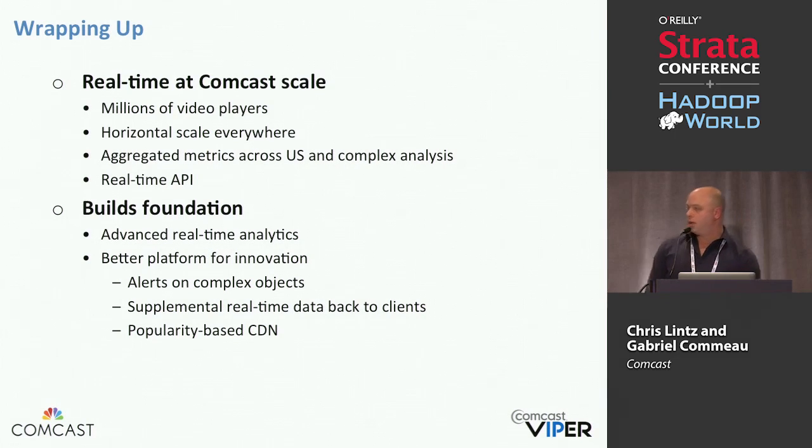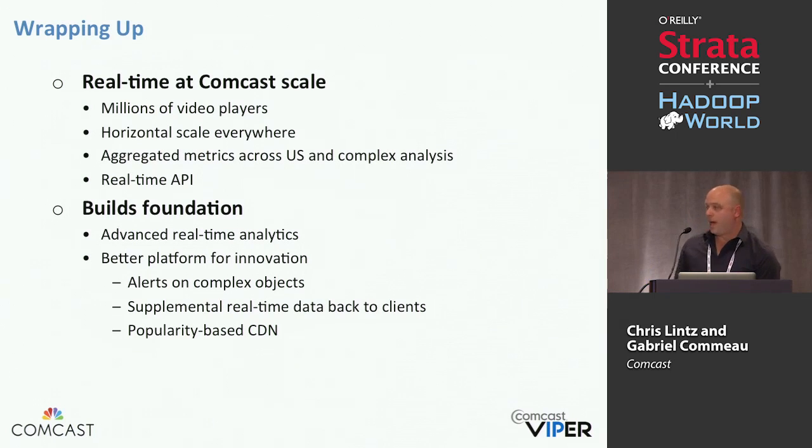So now we know how to build alerts on complex objects, right? An example of that would be we can take video player data, merge it to CDN data in real time to form a holistic view of the delivery life cycle. And there's also some innovation on, now that we know how to do real time, we can feed that data back to guides. So there's a little bit of work and whiteboarding going on with that.